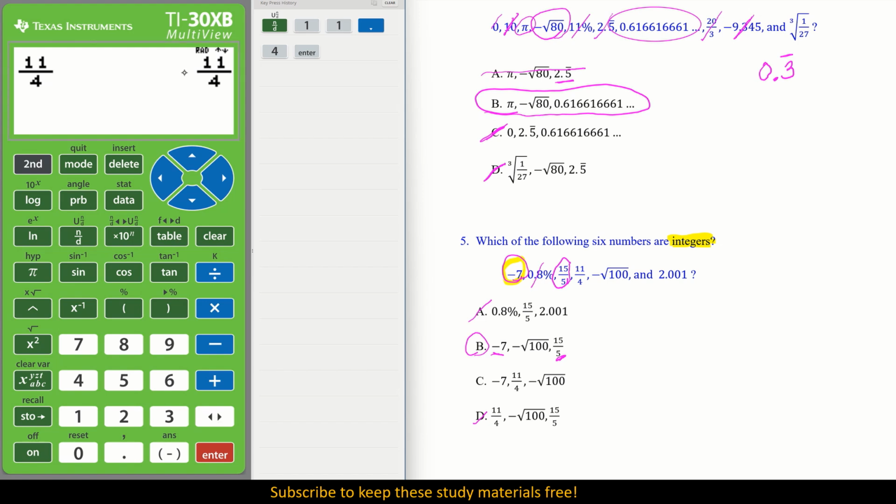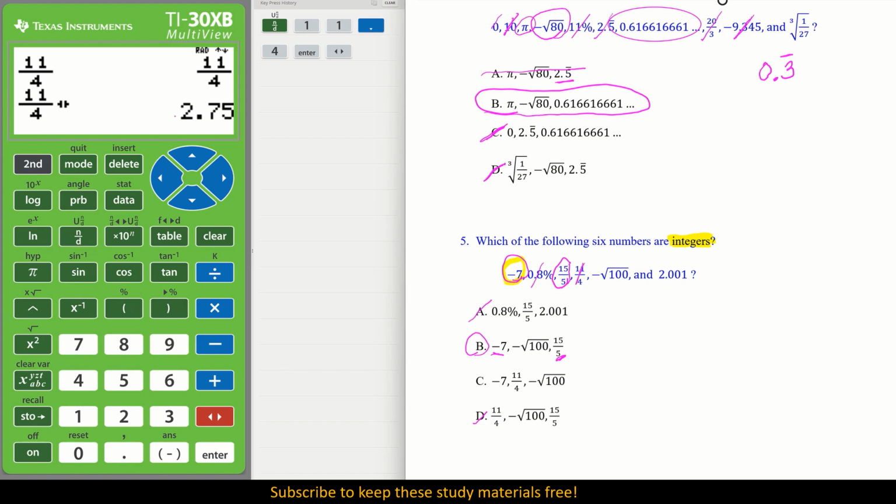Remember, all we did right now is enter it in the calculator, so our calculator can work with it. You have to tell it what you want it to work with. Now push our toggle button, and that is a decimal that terminates, and that's obviously not an integer. So that's not in our list.